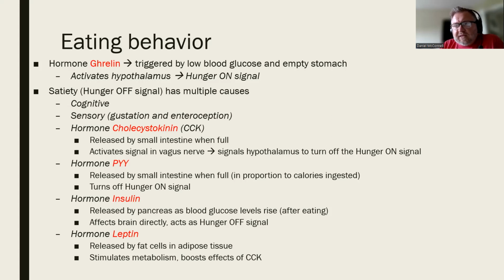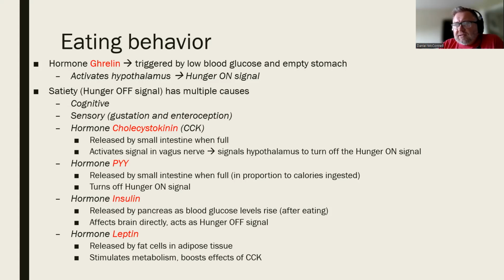Because you eat, food goes into your stomach, slowly the stomach empties into the small intestine. And as that begins to fill up, then CCK levels begin to rise in proportion to the volume of food in the small intestine. This is going to deactivate the hunger on part of the hypothalamus, right? So it just deactivates the lateral hypothalamus.